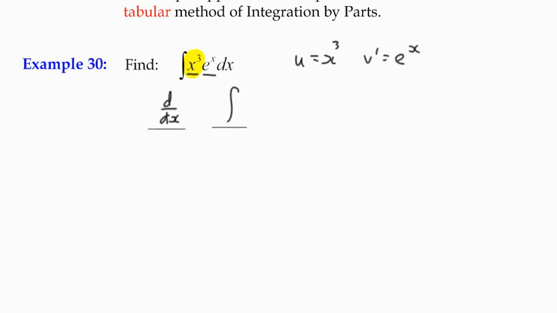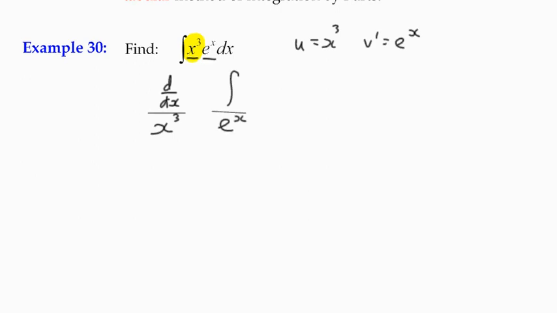So derivative and integral. We put the u value in one column, and we put the v dash value in the other. And what we want to do is differentiate this expression as many times as it takes to get to 0.